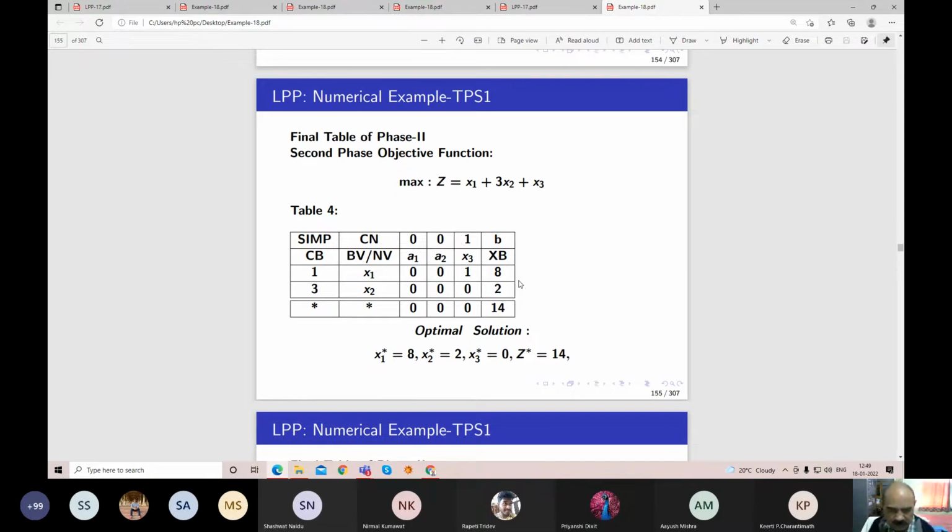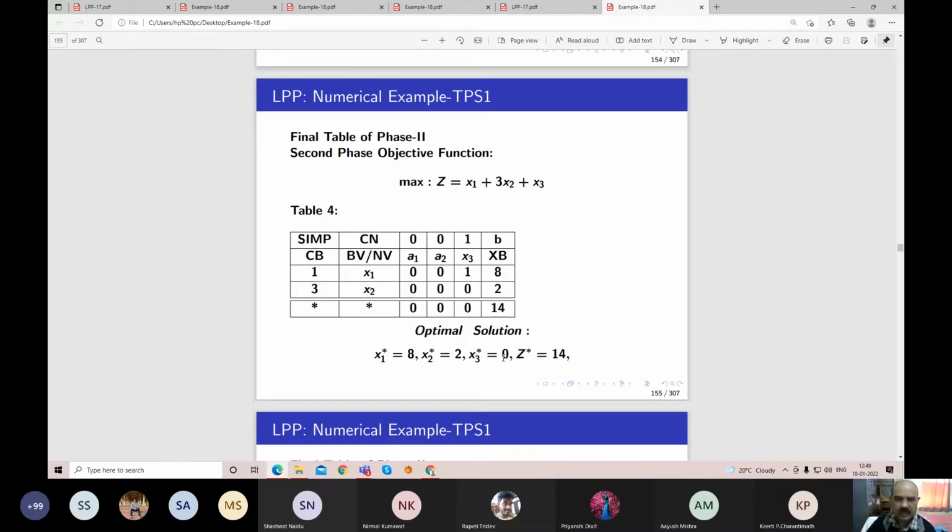Now, x1, x2: the inner product of 1, 3 with 8, 2 is 8 times 1, that is 8, plus 6, 14. So the objective function value is 14. The conclusion: x1 equal to 8, x2 equal to 2, x3 equal to 0. This is a solution.